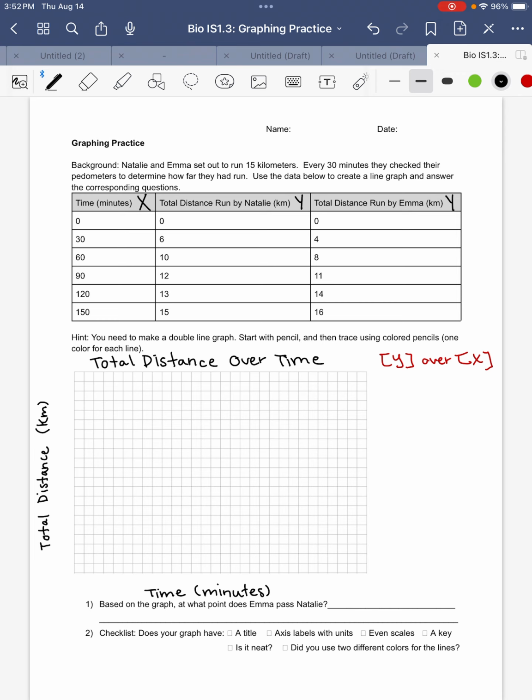We're going to go ahead and add in our even scale. So this part can be a little bit tricky for some people. You can see for our x-axis scale, we start off here at 0. We need to get all the way up to 150. So we can go ahead and count out the number of squares we have on our graph paper to make sure that we're going to hit 150. I have set up this graph so that if we count by 5s, we will hit 150 by the end.